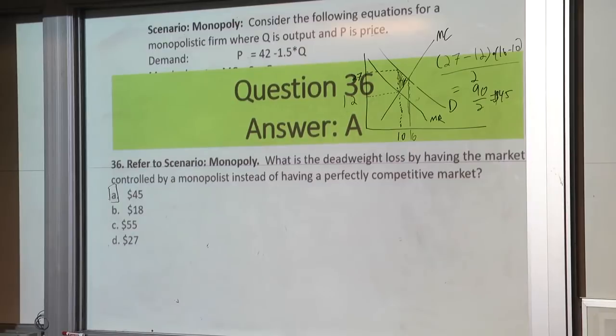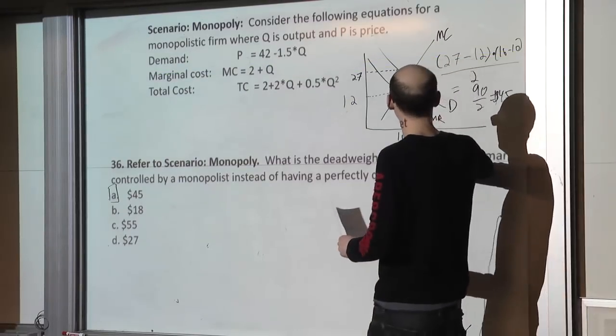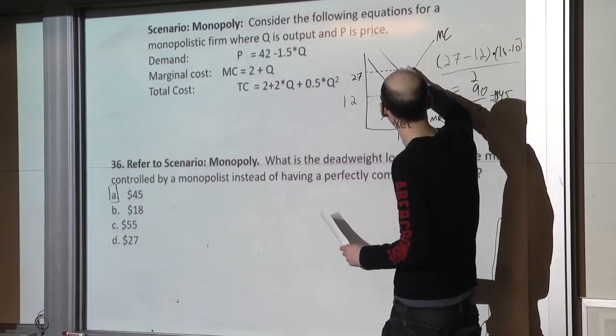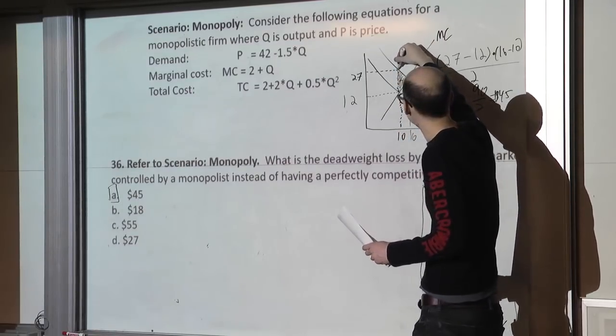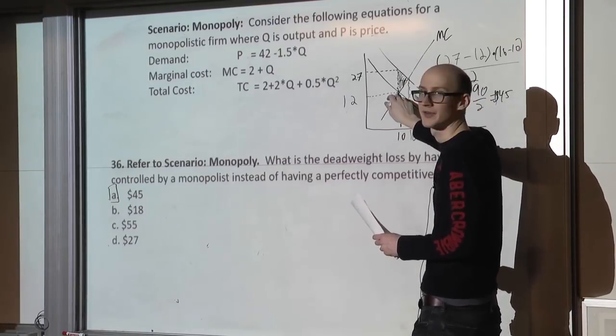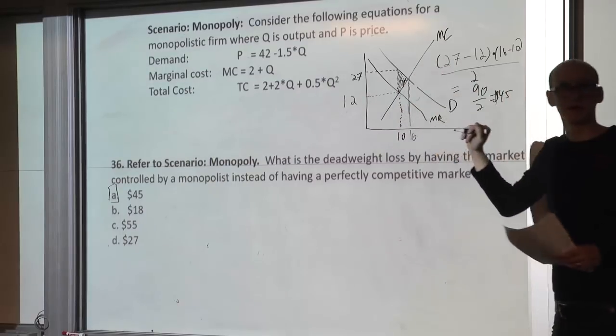Why do we have to recalculate the 12? The 12, because the deadweight loss is the difference between the markup price and marginal cost curve at that quantity times the height. Does that make sense?